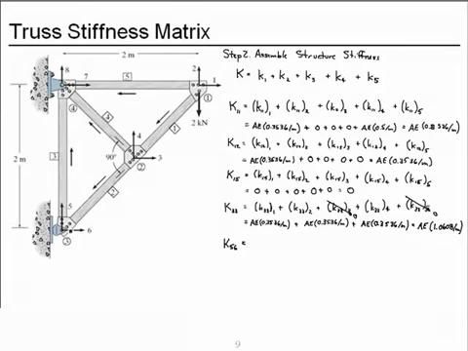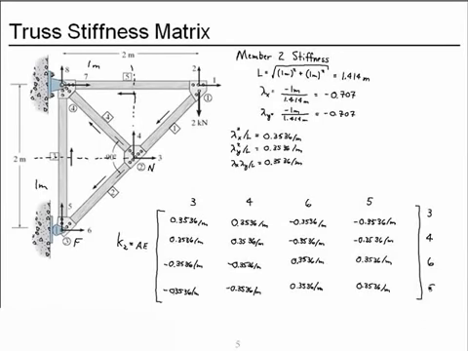Using what we've learned so far, for coefficient 5, 6, we'll get a contribution from member 2 and member 3, but not members 1, 4, and 5. So we will abbreviate our algebra here to reflect that knowledge. So let's look at member 2. We need row degree of freedom 5 and column degree of freedom 6.